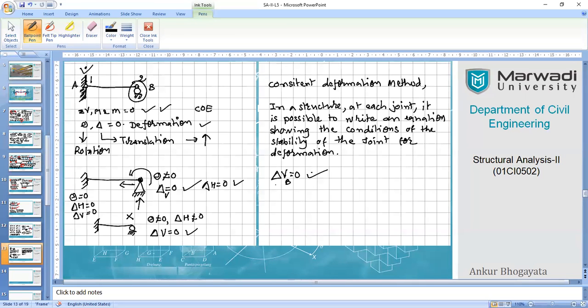So this becomes the compatibility condition, and also can be said that it is fulfilling the need of consistency of the structure at the deformation level.